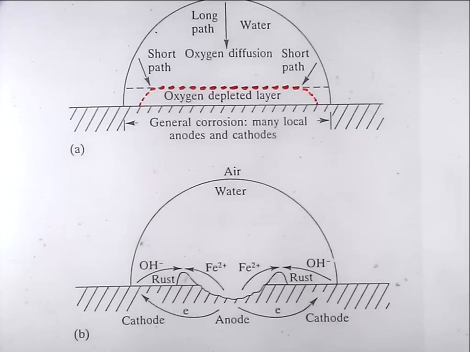So that's the mechanism for pitting corrosion. It's related to oxygen availability in the environment. The same more or less is true of crevice corrosion. The only difference really with crevice corrosion is you've got a pre-existing crevice structure.